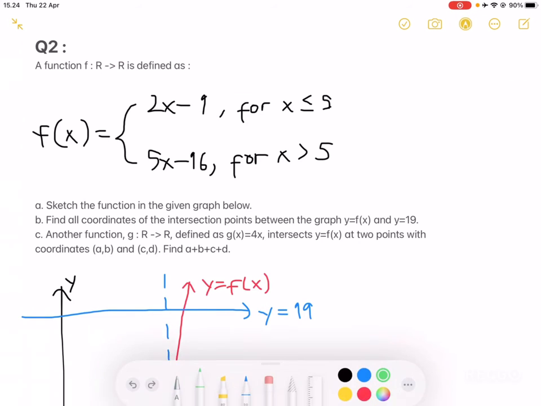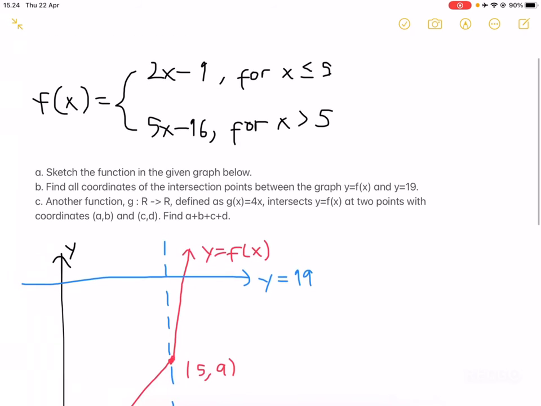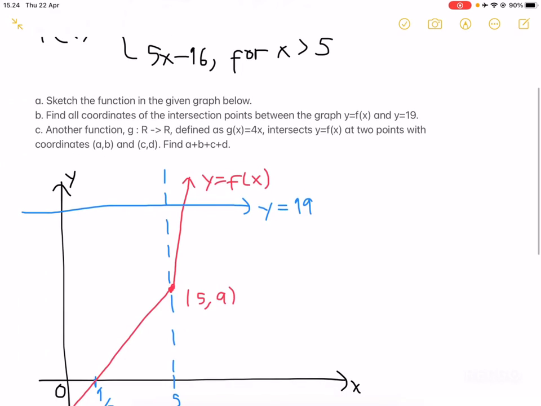You can also try to substitute 2x minus 1, however you'll end up with a contradiction since the corresponding x value, if you set this equal to 19, will give us an x value beyond this domain. So that is another way to intuitively solve this problem. Right, so let's see.